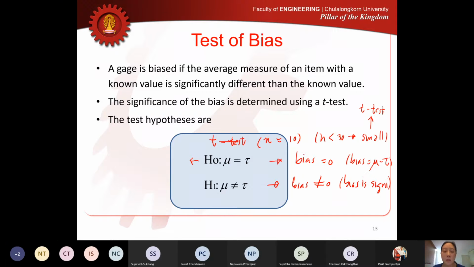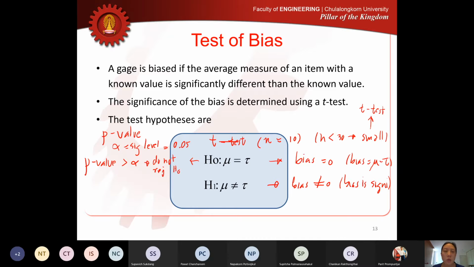To summarize, if you remember hypothesis testing, we will take a look at the p-value of the test, right? If the p-value is greater than alpha, the significance level, and remember that in statistics we usually use 0.05 or 5%, we will conclude that we do not reject H0.